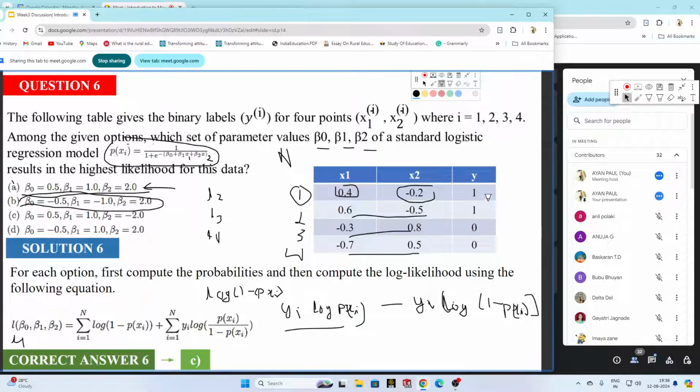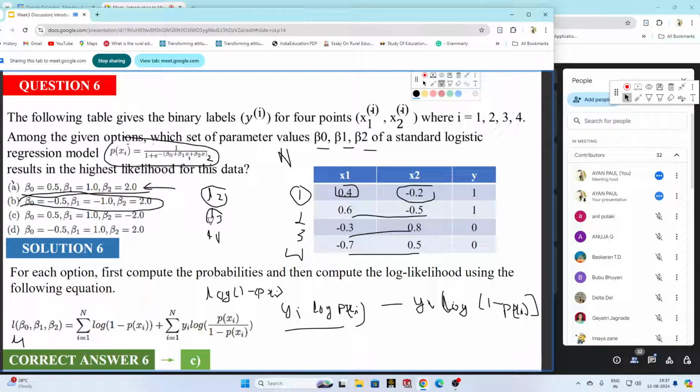You know yi, that is 1, and 1 minus p(xi) you have just found. That is for the first data point. Similarly, do it for the second, third and fourth data points, and add up to get L2.